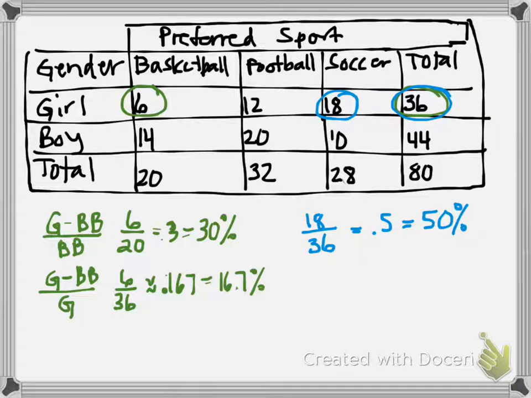Okay? So of the girls who voted, half of them chose soccer. I was really surprised by that, how many girls like that. But again, that makes me wonder if this is playing. Girls don't really want to play football, okay? They may like basketball, but they really prefer soccer. Seems to be a sport that more girls like to play, okay?